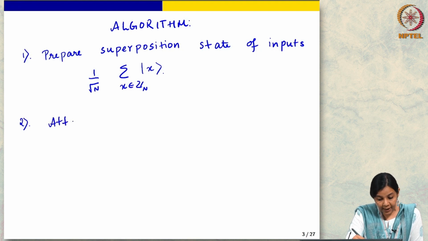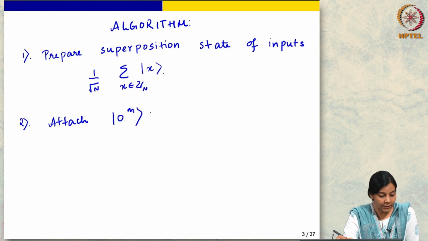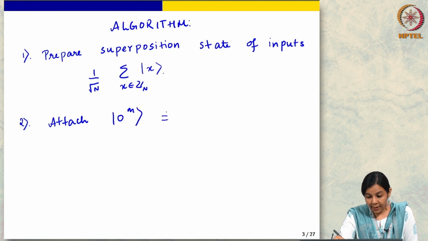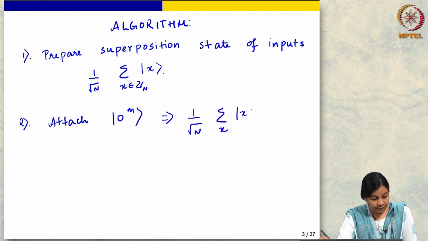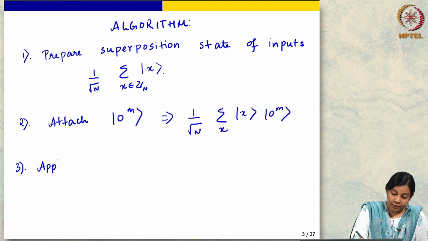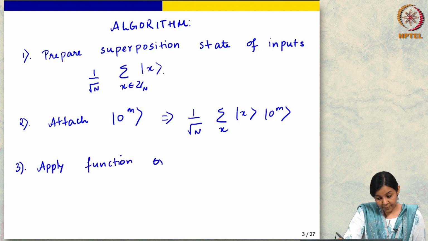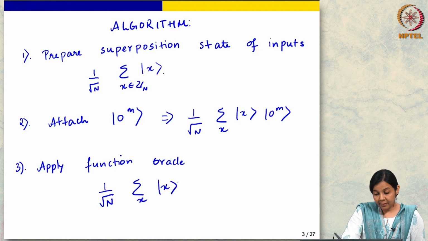Then we'll attach some set of zeros to it to get 1 over root n, x, 0. The third thing is apply the function oracle. Okay, so now I will get 1 over root n summation x, x, f of x.